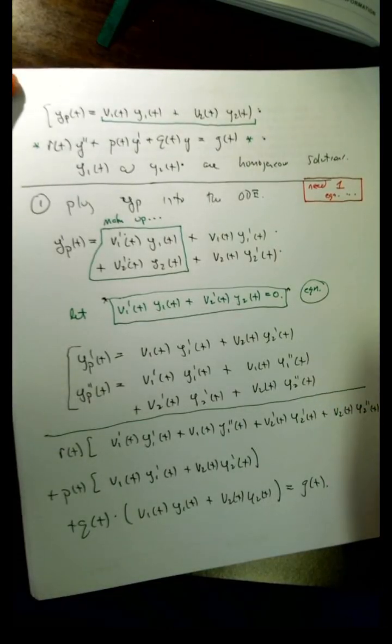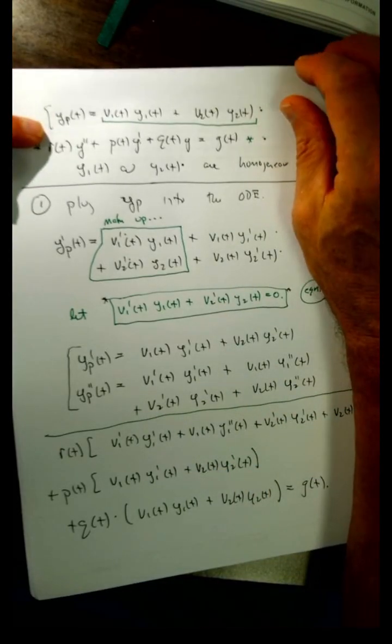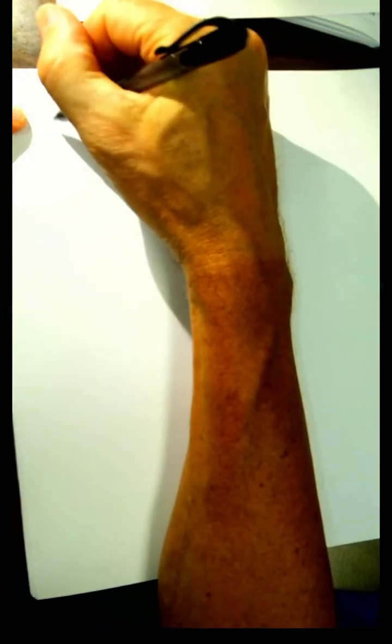Keep in mind that y1 and y2 are solutions to the homogeneous equation. So what do we have? Let's write this all out. I had an assumption that yp is v1 y1 plus v2 y2. y1 and y2 are solutions to the homogeneous equation.